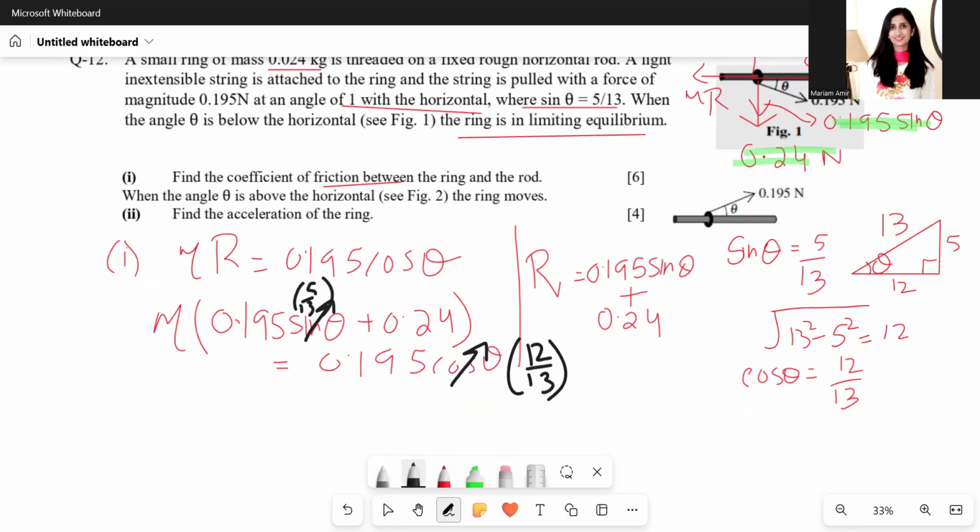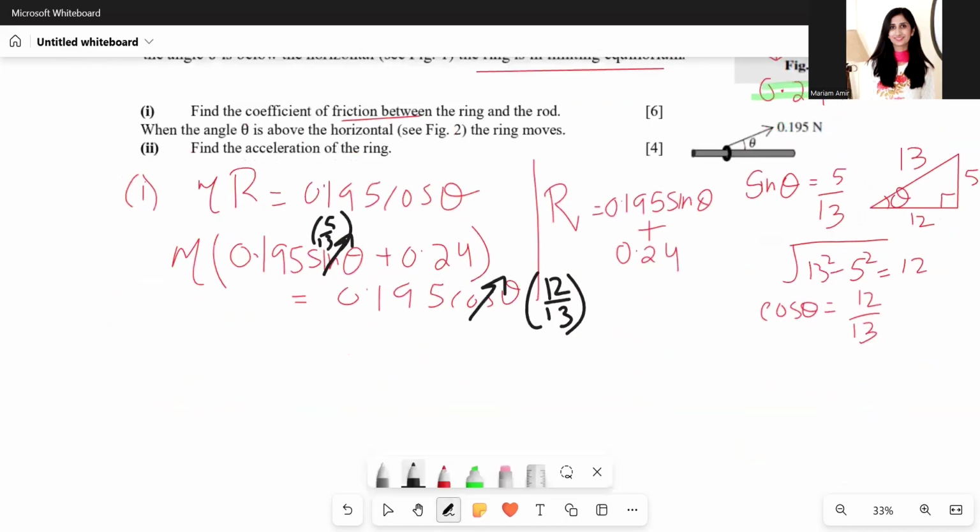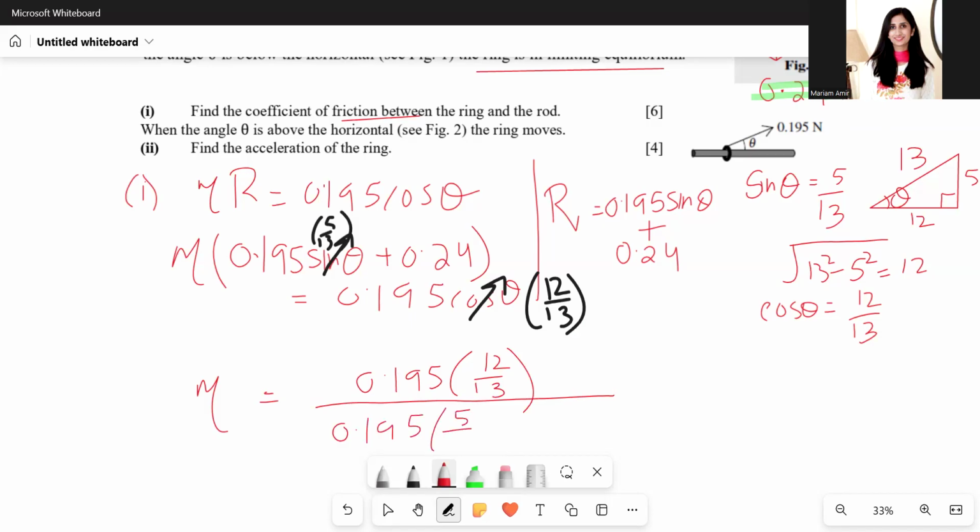Now make mu the subject. Mu would be equal to the fraction with numerator 0.195 times 12 over 13 and denominator 0.195 times 5 by 13 plus 0.24.